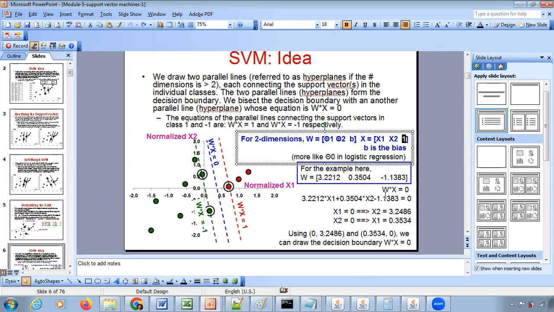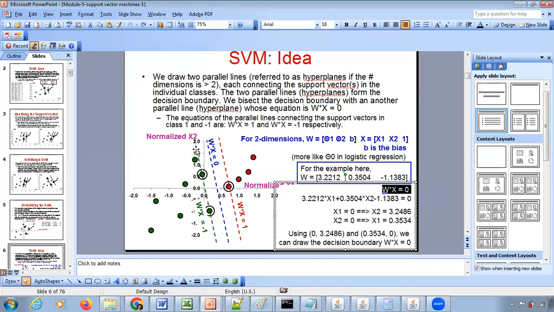And we do a similar dot product of the two vectors. Instead of calling it the parameter vector and feature vector as there, here we call it the weight vector and the feature vector. So we take a dot product of these two vectors, w and x, and the equation of the decision boundary, or the line that divides equally the decision margin.